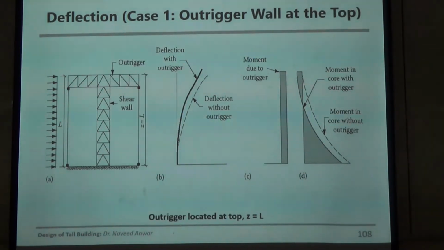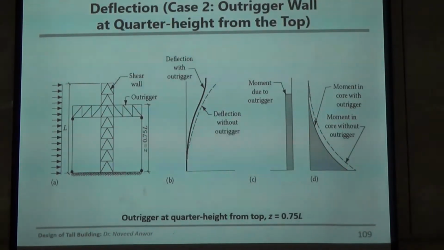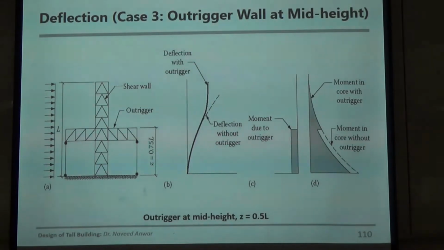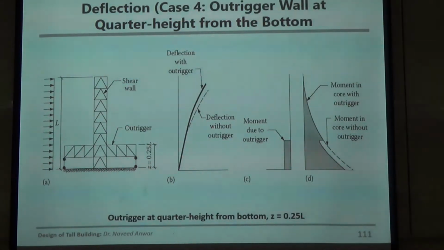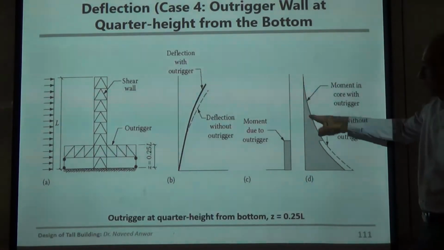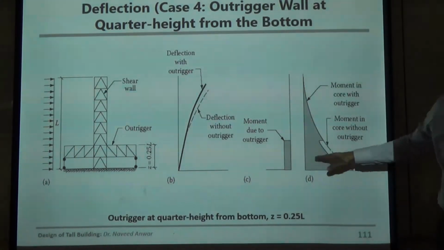One outrigger, they compared how much deflection is reduced, outrigger moved down, outrigger moved down. So with different locations of the outrigger, you can study the effect on the frame displacements and column shears and everything.